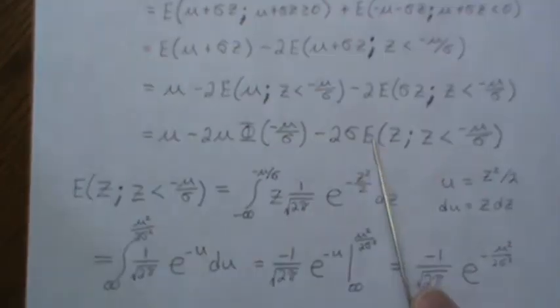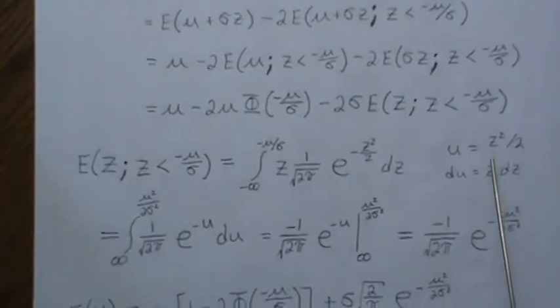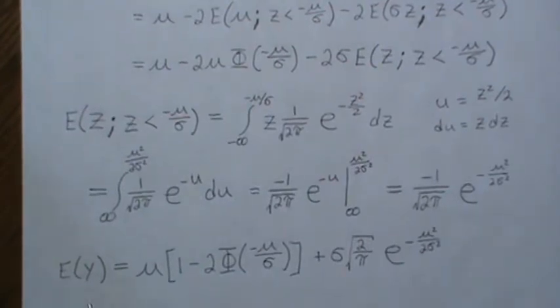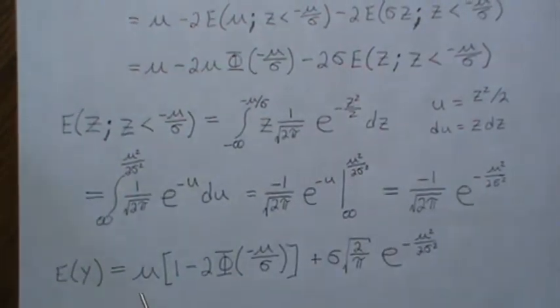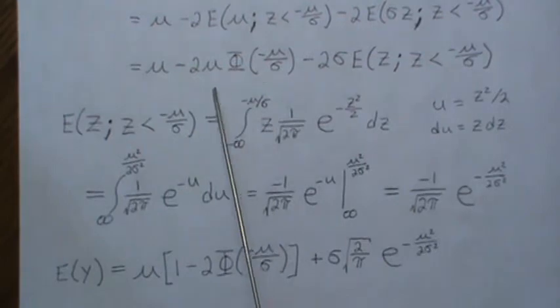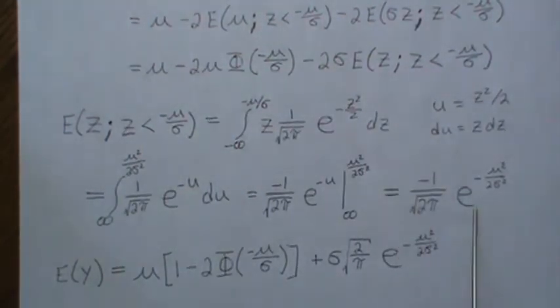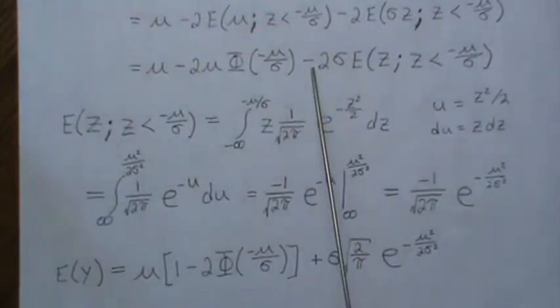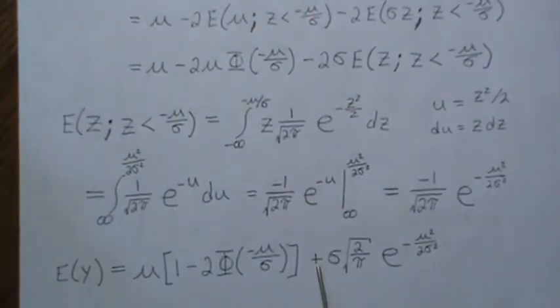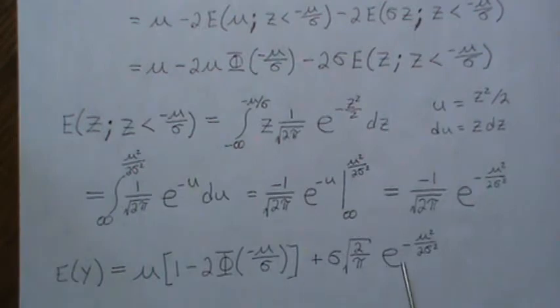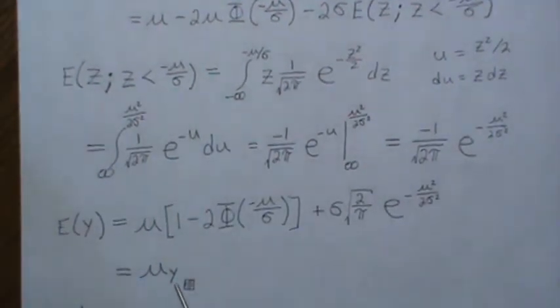We can plug it in for this piece here. So that tells us that the expected value of y is equal to mu minus this piece here plus sigma times this piece. Well, it's actually minus, so it becomes a plus times this piece, and that's it. And we call that the mean of y. And then we're finished.